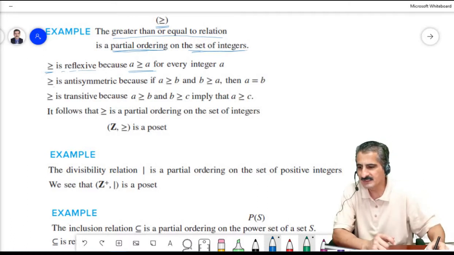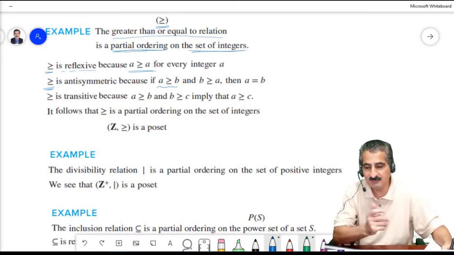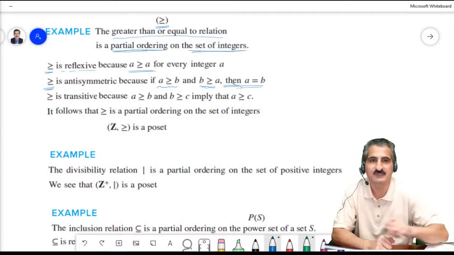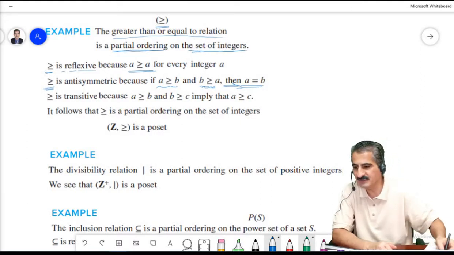Is it antisymmetric? If A is greater than or equal to B, which means A is related to B, and B is related to A, which means B is greater than or equal to A, then we must have that these two elements are the same. So antisymmetry has been achieved. Transitive.